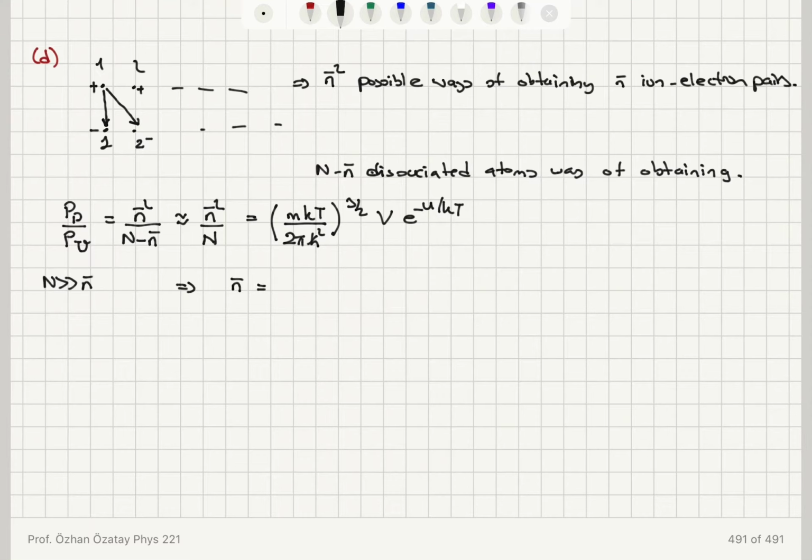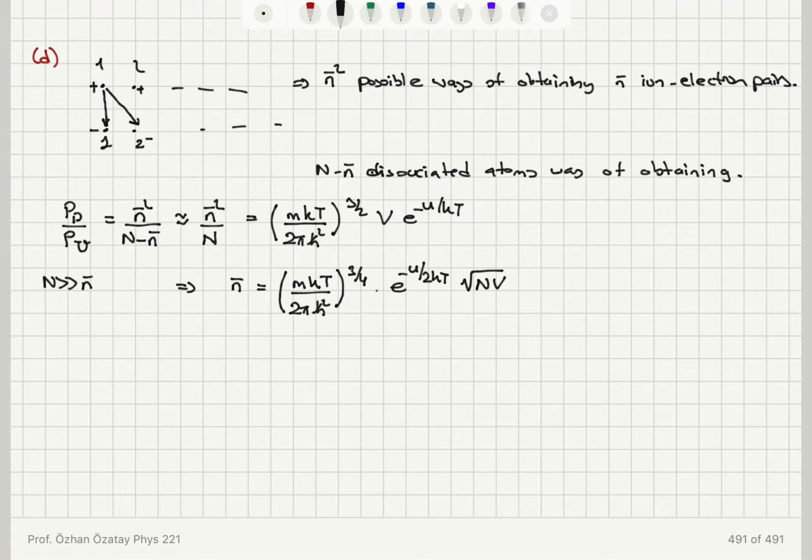N bar will be equal to, now I take the root to 1/2, so another square root, mkT over 2 pi h bar squared to the power 3/4, and then I will have e to the minus u over 2kT, and then I will have square root of capital N V.